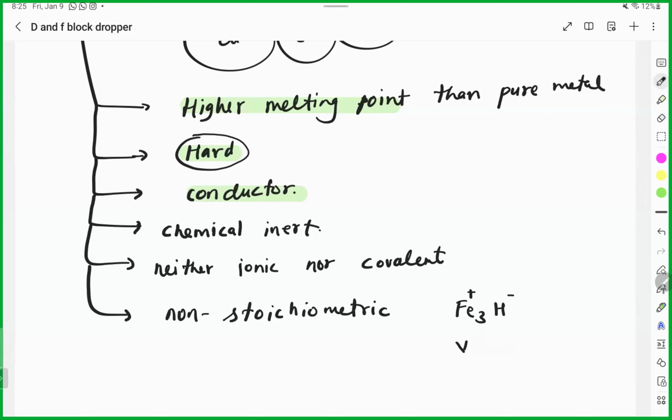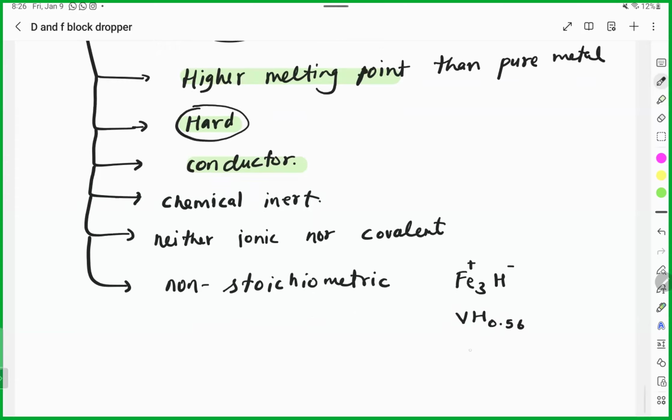If you take vanadium hydride, VH 0.56, this is given in NCERT, ditto the same. If it were tetra, then it would be stoichiometric. So what is happening? Not properly stoichiometric. Titanium hydride, but 1.7, not 4. Again, non-stoichiometric.